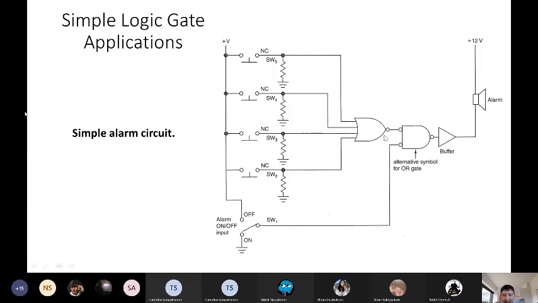What is this? A NOR. It's a NOR, and we apply high to its input, and what will the output be? Low. The output will be low, but what is this one? It's an alternative symbol.